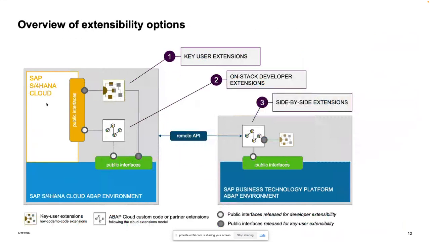So, as I have said, you can do extensions using key user tools, somewhat easier but of course limited in the possibilities. You can do on-stack developer extensibility. There you have all the possibilities of an ABAP developer, of course based on the public interfaces, not directly shining through.